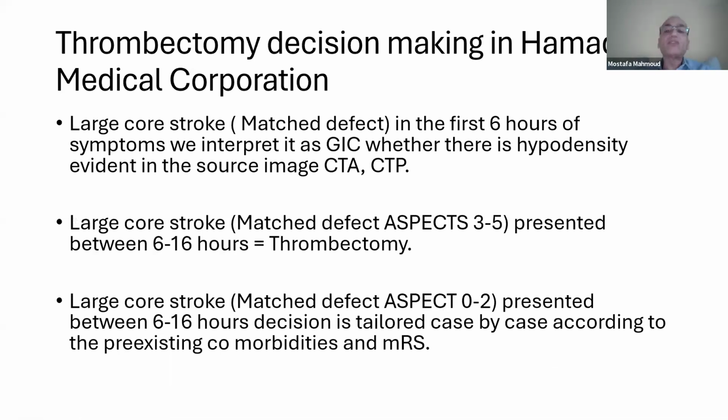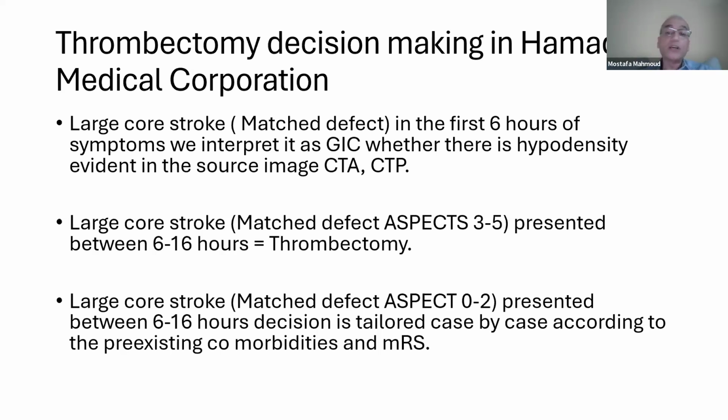So, thrombectomy decision-making in HMC. Large core stroke in the first 6 hours, we interpret it as a GIC, whether there is a hypodensity evident in the source image, CTA or CTP. Large core stroke, ASPECTS 3 to 5, presented between 6 and 16 hours, we will proceed for thrombectomy.